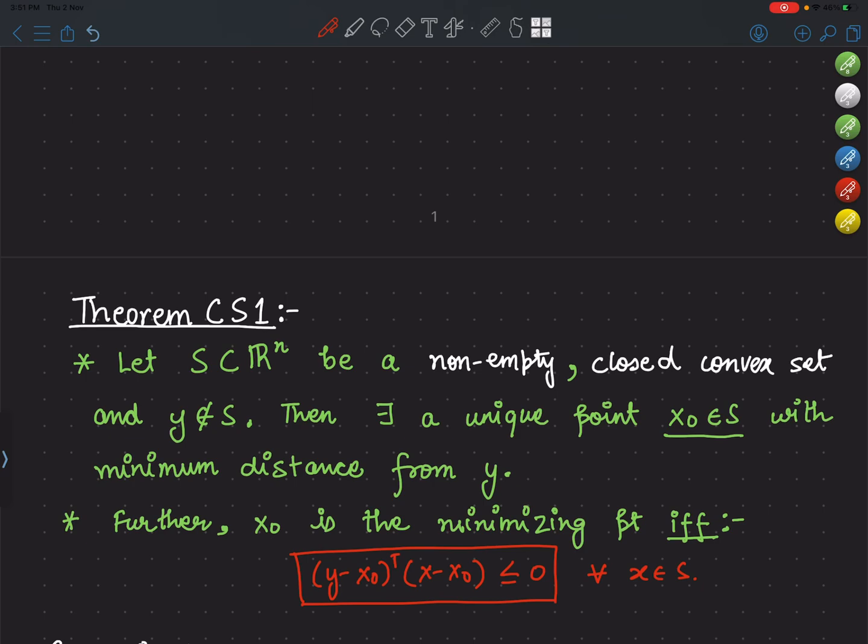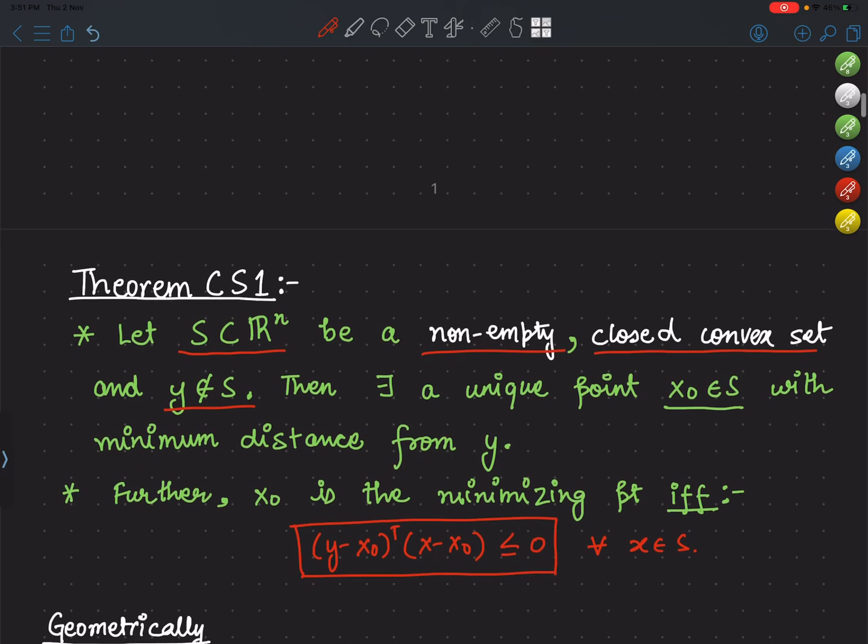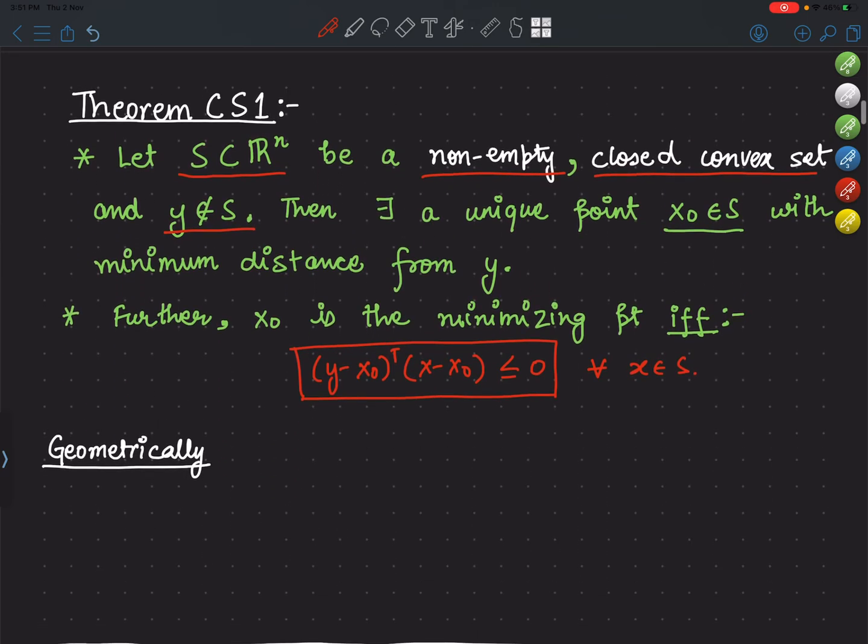Okay, so now let us reread this theorem. Let S be a subset of some n-dimensional real space, and it should be a non-empty and closed convex set. So it should be closed and should be convex. And let there be a point y that does not belong to this set. So let's draw it.